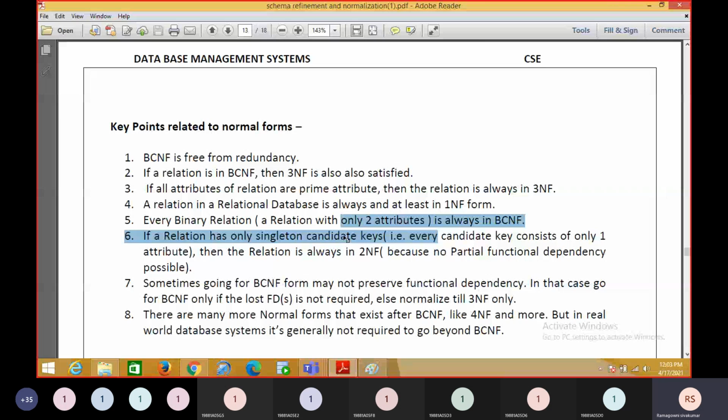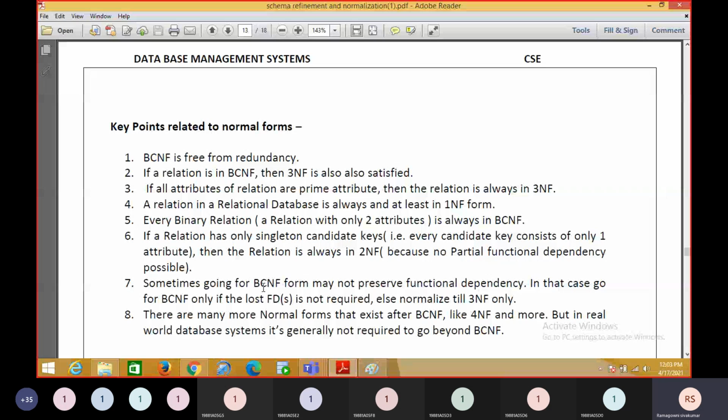There are many more normal forms after BCNF, like fourth normal form and more, but in real-world database systems we generally do not need to go beyond BCNF. BCNF is enough. We have a lot of problems regarding normal forms, like finding the highest normal form.